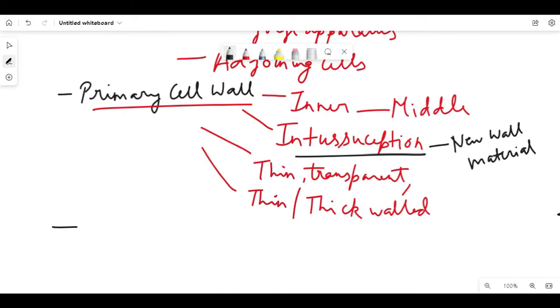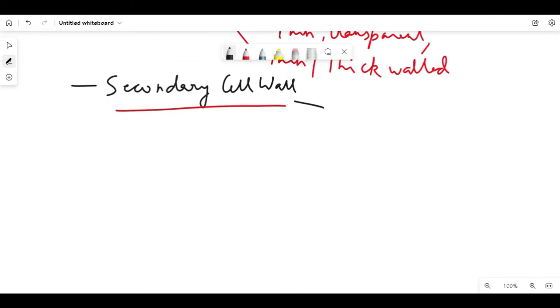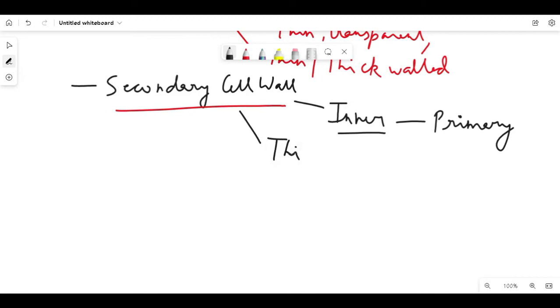Then third one is secondary cell wall. This secondary cell wall is deposited inner to the primary cell wall. And secondary cell wall is present only in thick walled cell.